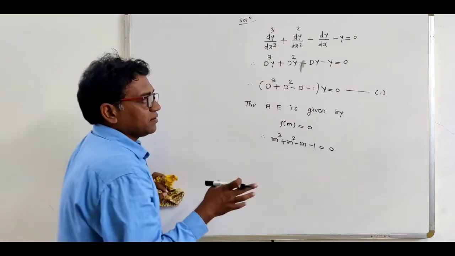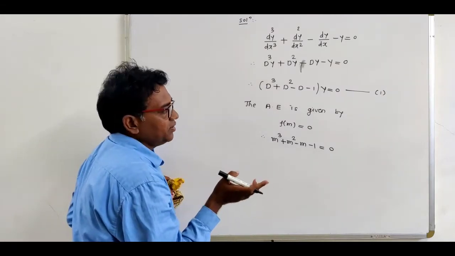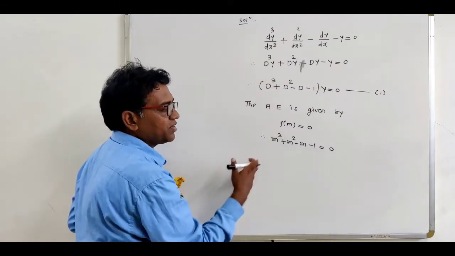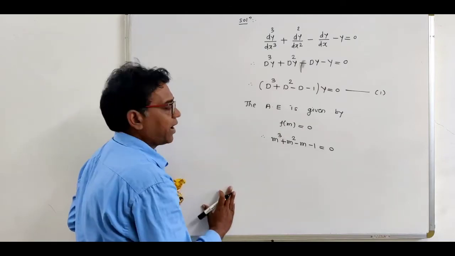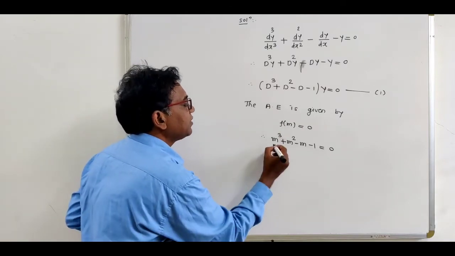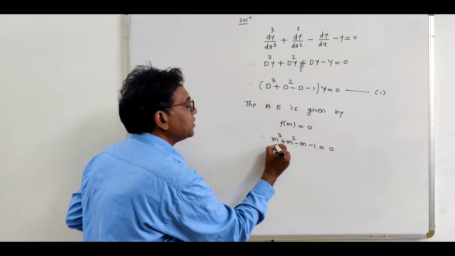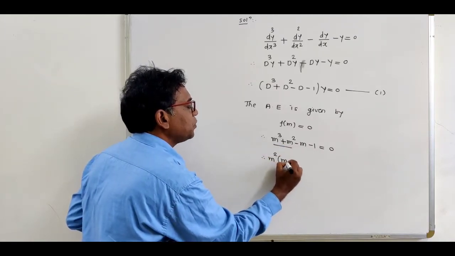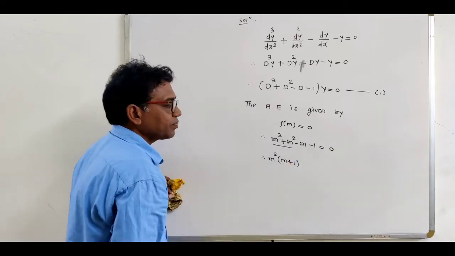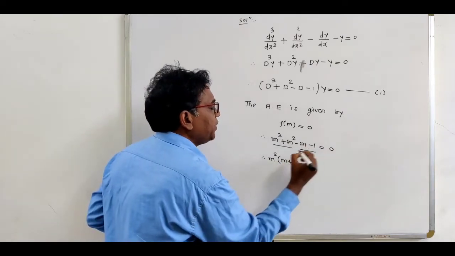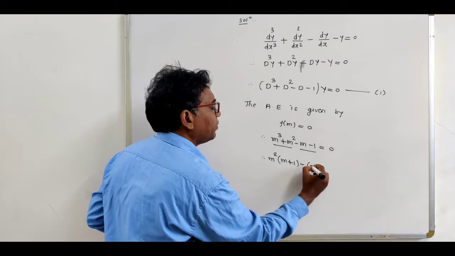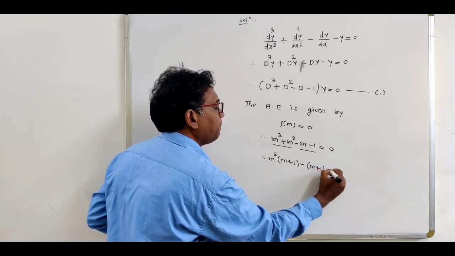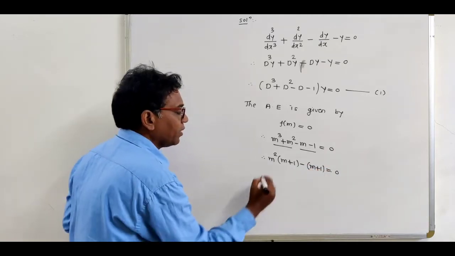So this is the method. How to solve the associated equation? Just write its auxiliary equation and find out now the factors. From these two terms, take out m square common, so m square into bracket m plus 1. From the remaining two terms, take out minus sign common, so minus into bracket m plus 1 equal to 0.